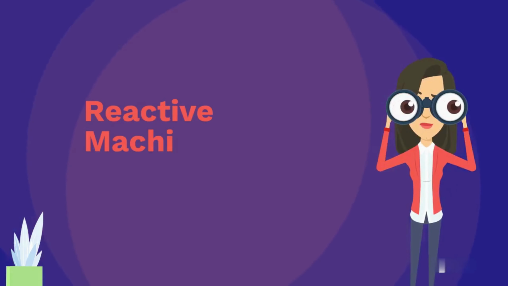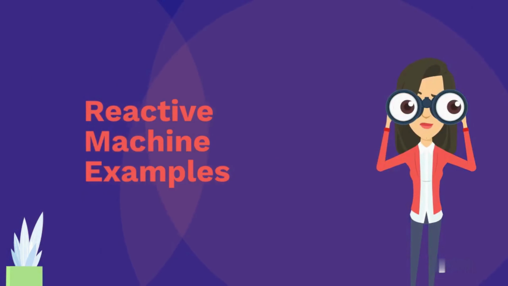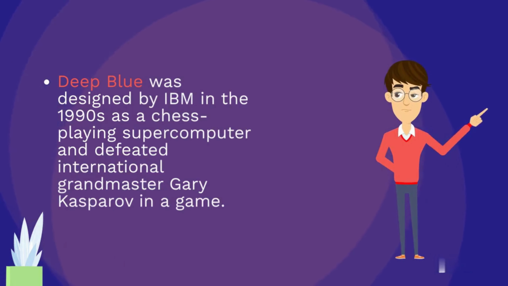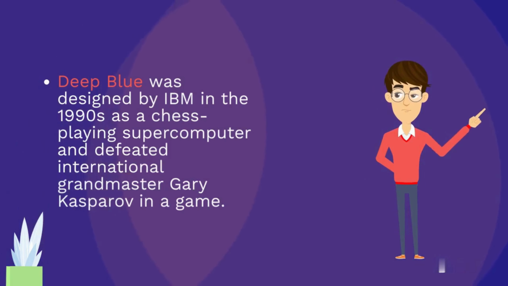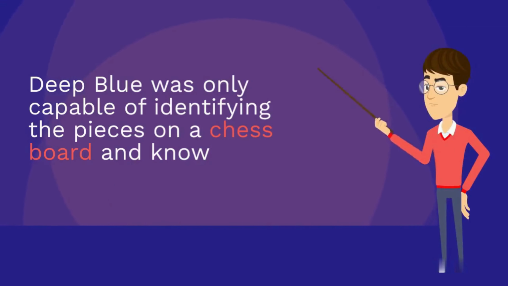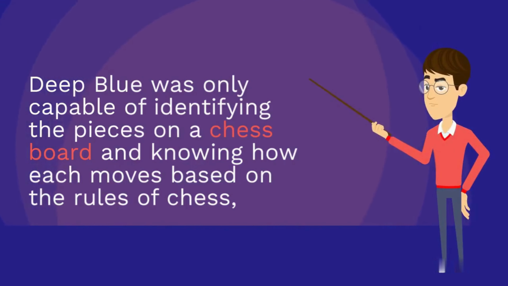Reactive machine examples. Deep Blue was designed by IBM in the 1990s as a chess-playing supercomputer and defeated international grandmaster Garry Kasparov in a game. Deep Blue was only capable of identifying the pieces on a chessboard and knowing how each moves based on the rules of chess.